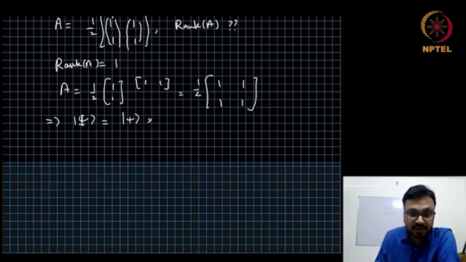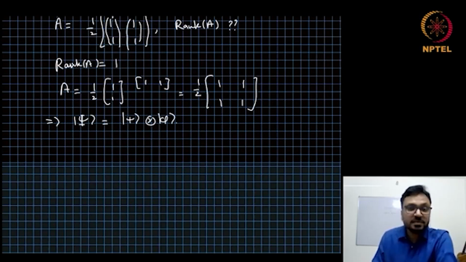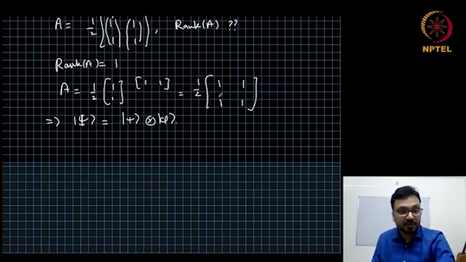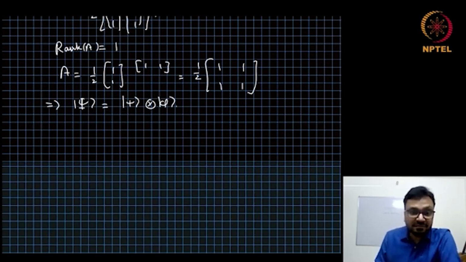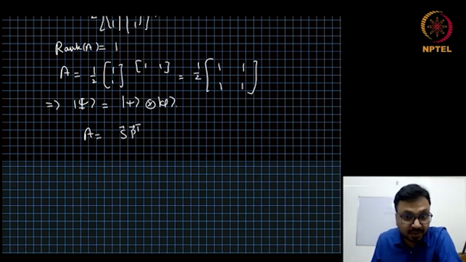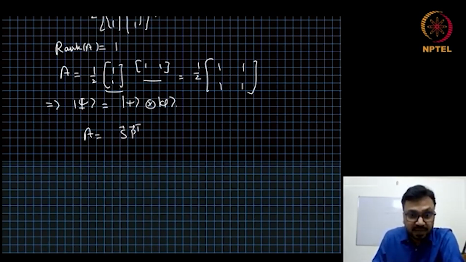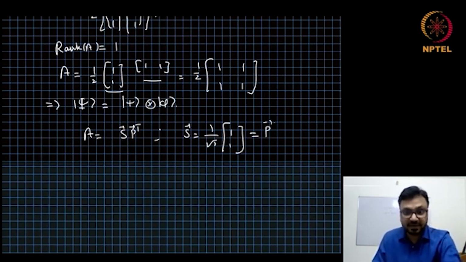So we can always find small psi and small phi such that psi can be written in this form. Now, in our earlier treatment, we saw that if A is S times P transpose, with S and P vectors, then it's equivalent to capital psi being psi tensor phi. And here we see that A can be written as S vector and P vector, where the S vector turns out to be 1 over root 2, 1, 1, and this is the same as the P vector.